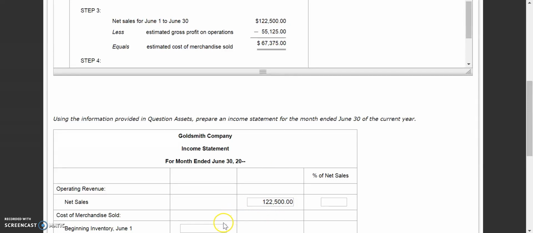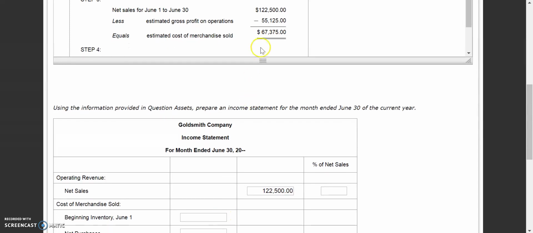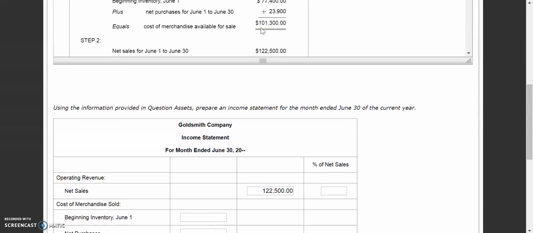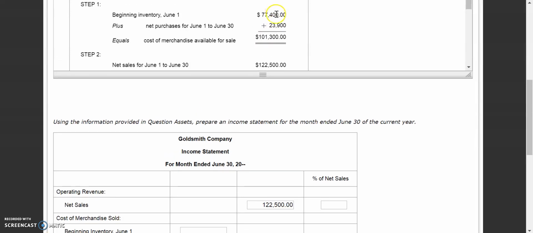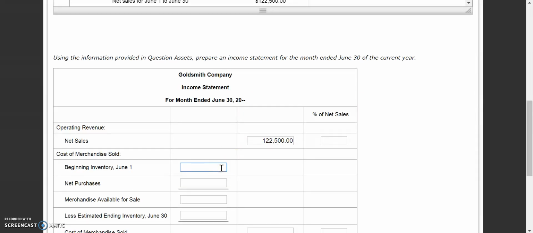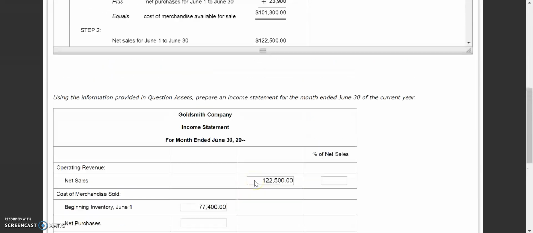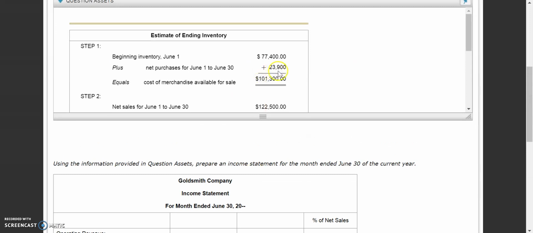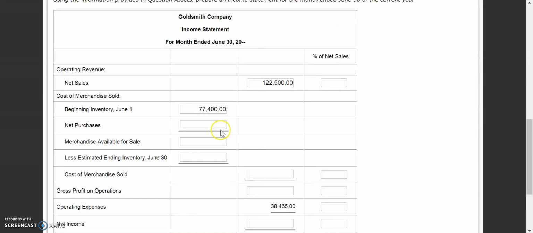Okay. We need our beginning inventory for June 1. Remember, beginning inventory can be found up here. Beginning inventory was 77,400. And then we need our net purchases for the month of June. Net purchases was 23,900. Okay, we add those two together to get our merchandise available for sale, which is 101,300.